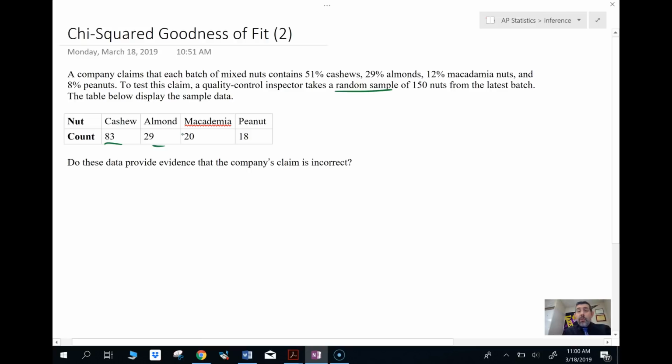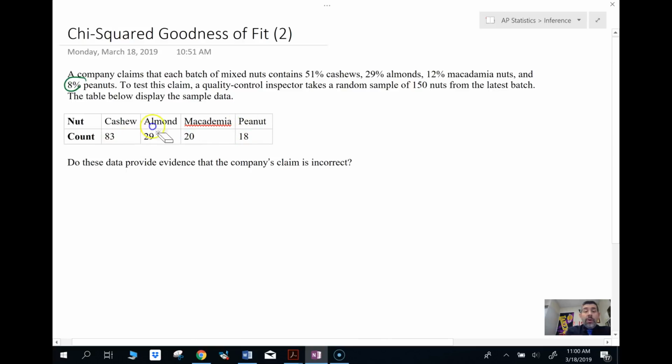If it was just two categories, we might look at a difference of proportions, but actually not even a difference of proportions, because what we're doing is trying to see if these counts or the proportions are similar to what we would have seen otherwise by the company. Whenever we have that situation, we're talking about a chi-squared goodness of fit test.